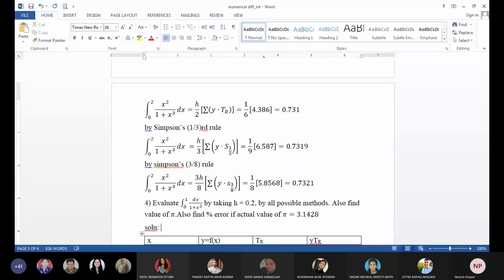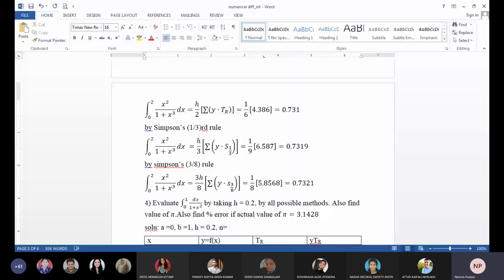So first of all, what is my a? अभी यहाँ पे h दिया है, n find करना है अपने को. a is 0, b is 1, h is 0.2. I will not write down the value of n now.